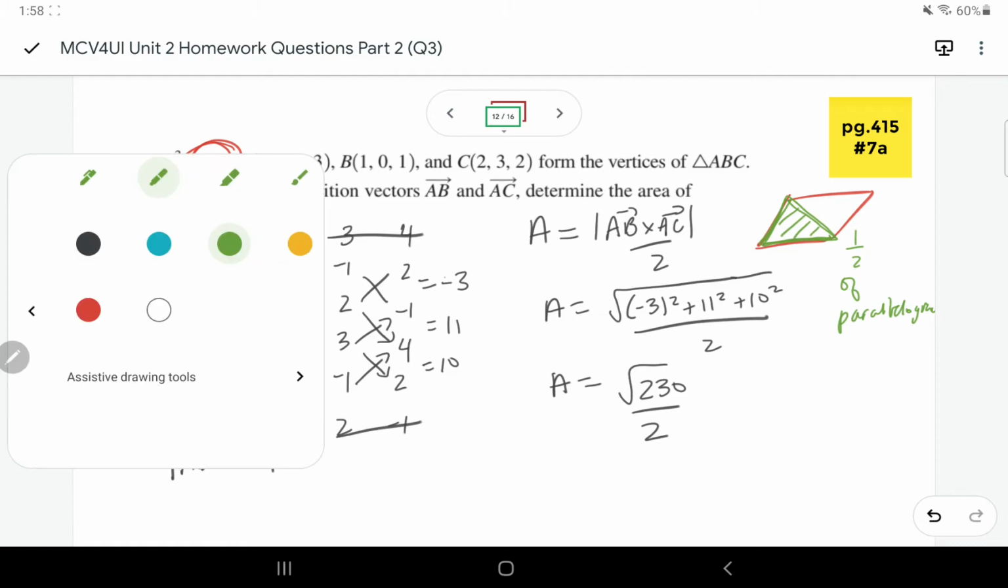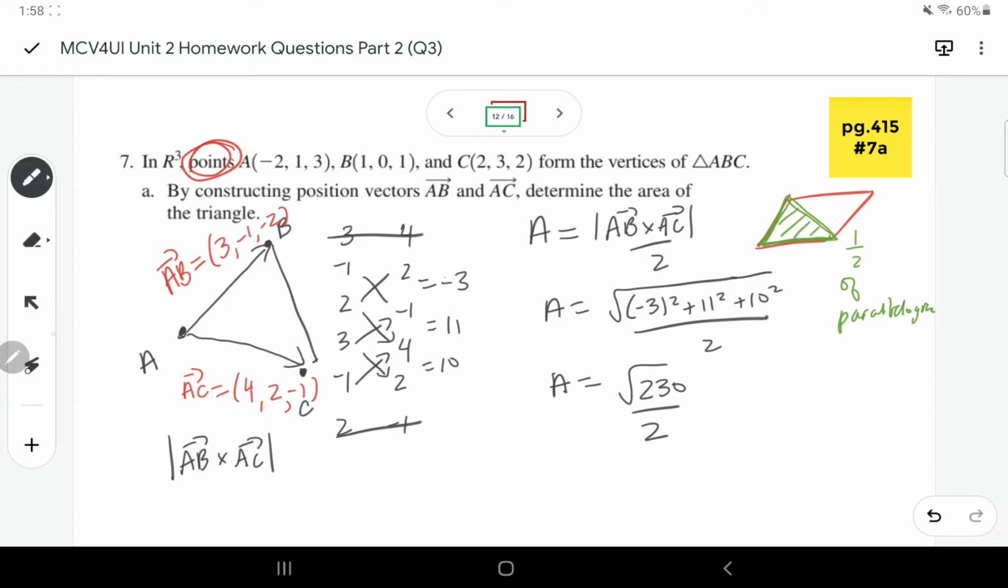So the magnitude of the cross product there is the area of the whole parallelogram, but we're just doing the area of the triangle, which is half of that. So we have that divided by 2.